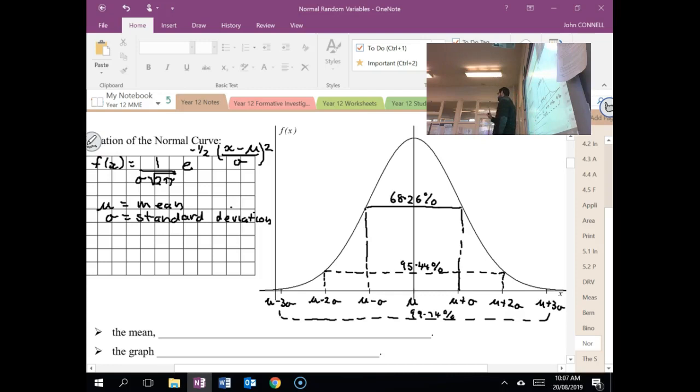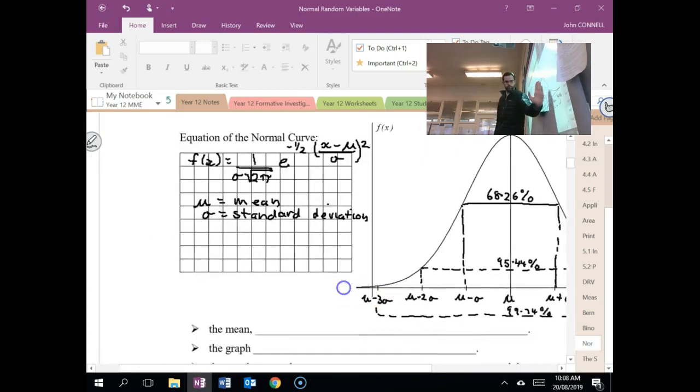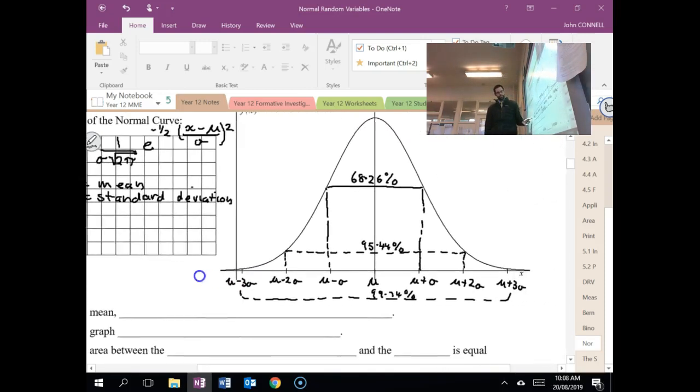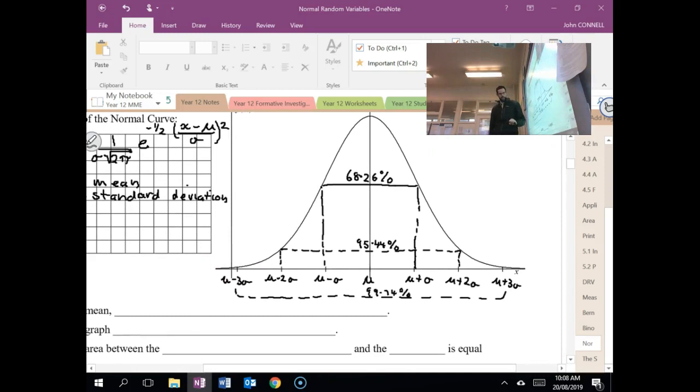Now, that's one way to interpret it. The other way to interpret it is, let's say I randomly picked one of you. There is a 68% chance that the one person I picked will fall between these two lines. There is a 95% chance that you will fall between these two values, and then there is a 99.7% chance that you will fall between these very extreme values.